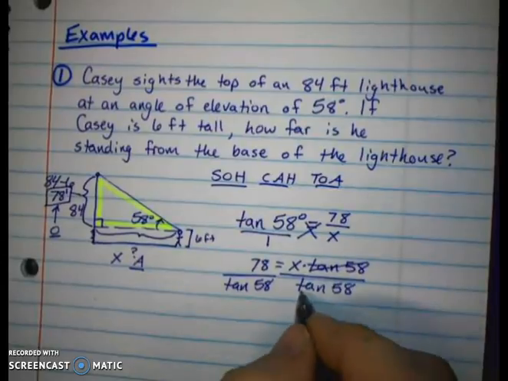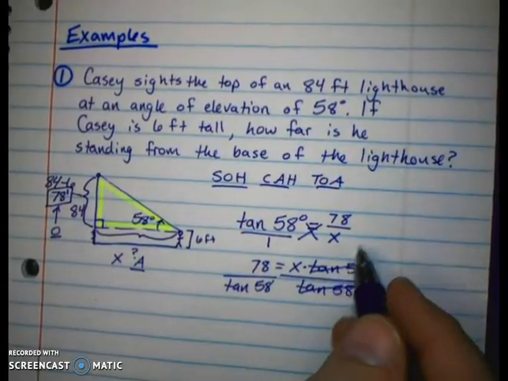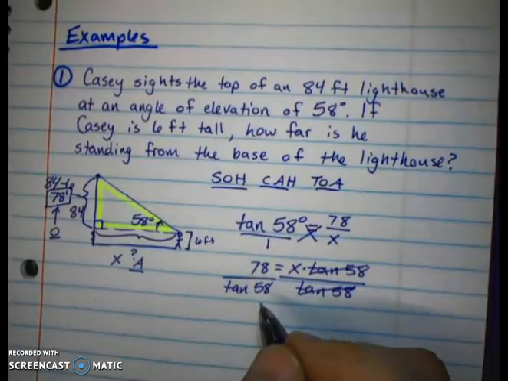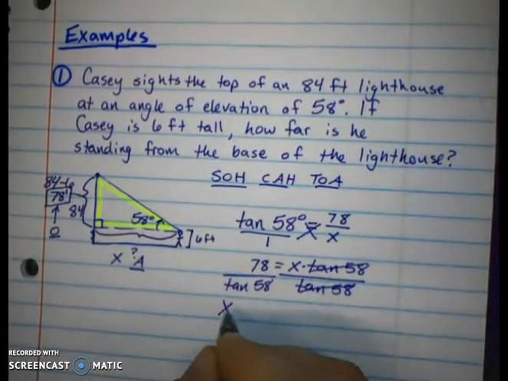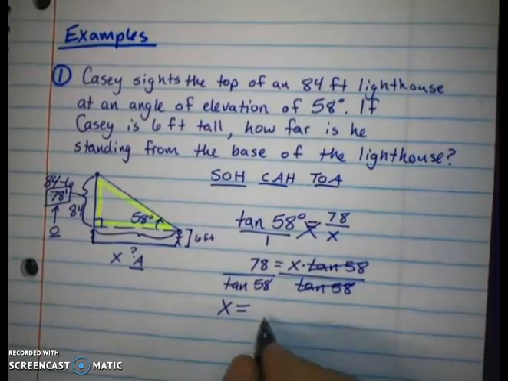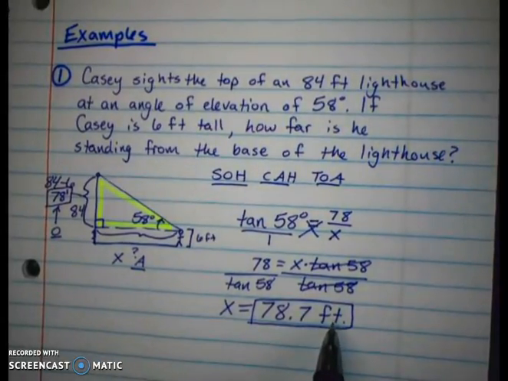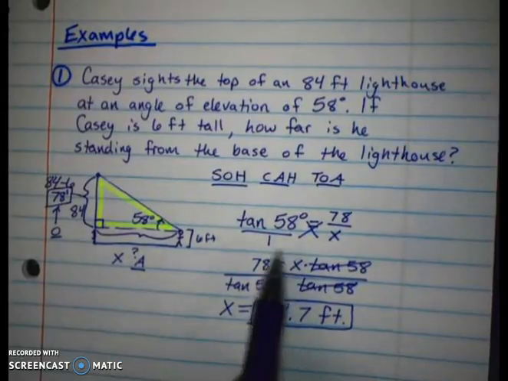Make sure you're remembering back to those previous lessons when we talked about trigonometry. So when I put that part in the calculator, that's what gives me my answer. Okay, when we enter that in the calculator, we get that x is 78.7 feet.